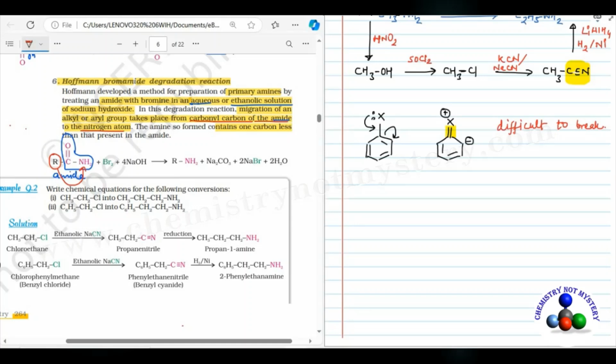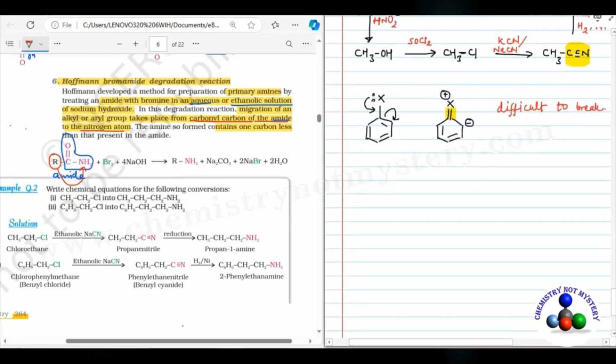So let's try to understand. Let's take one example of this reaction. Here if I draw CH3 C double bond O NH2, this is ethanamide.